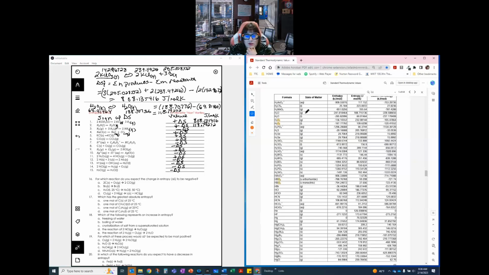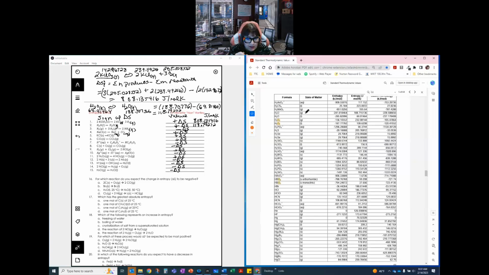And I will put the rest of them on D2L, those actual values. I'm expecting that that's not going to be that bad because we've done this before. So as long as you have this table, you should be fine. I will make sure that I put this table up for you on D2L so that you can use this. This will be useful in terms of calculating enthalpies, entropies, and free energy when we get to free energy. Okay, awesome. We should be able to handle that.